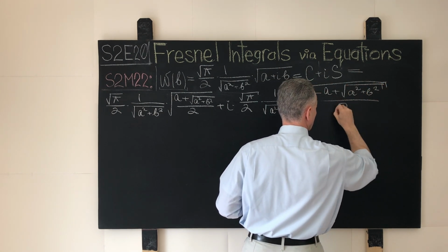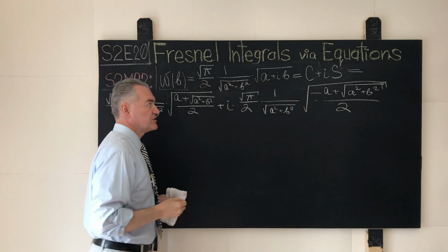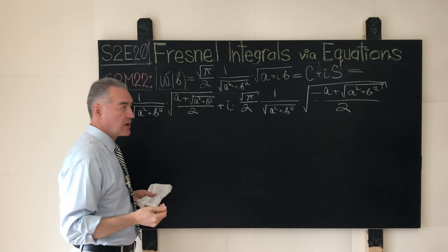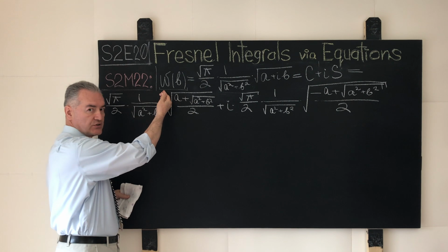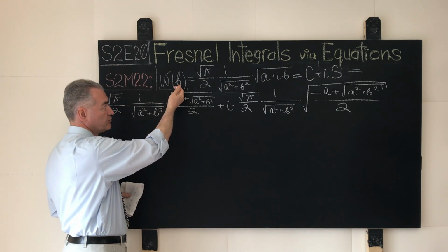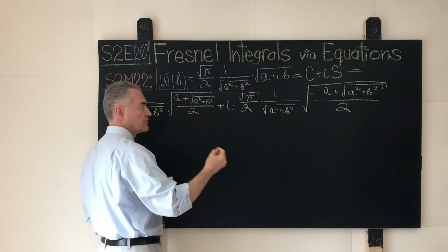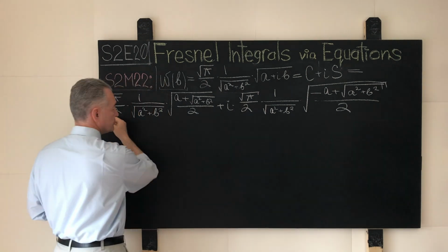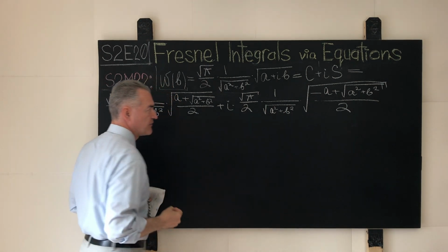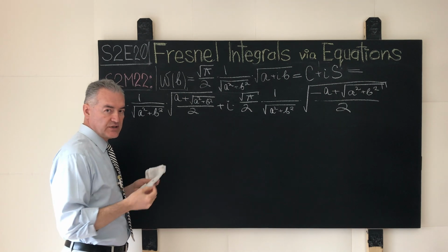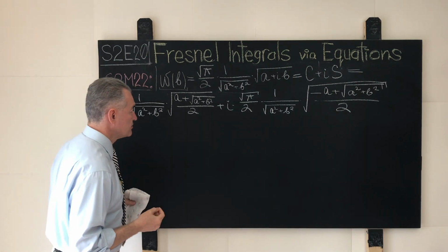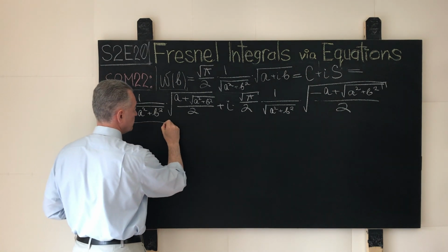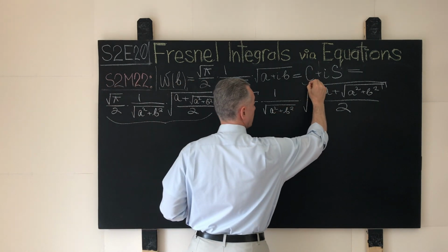And precisely because we have two different expressions for one and the same mathematical object, the complex valued function w of b that takes as its input a real number b, in two different ways, as c plus i s, and then as this expression plus i times this expression, then, because this is how these things work in complex analysis in general, that means that the corresponding real parts are equal.